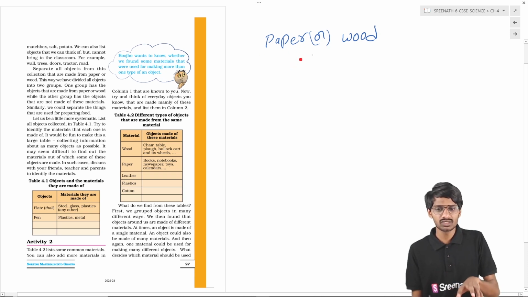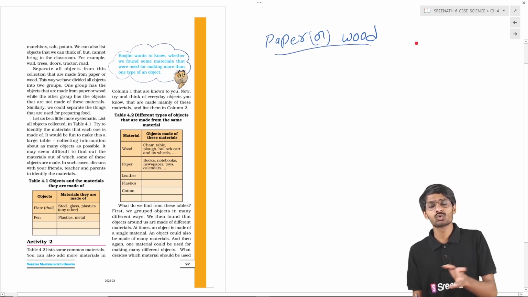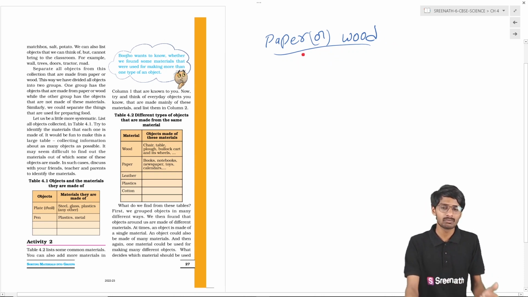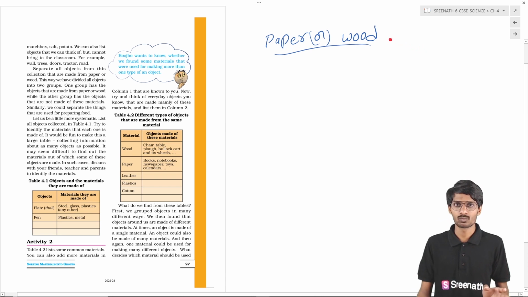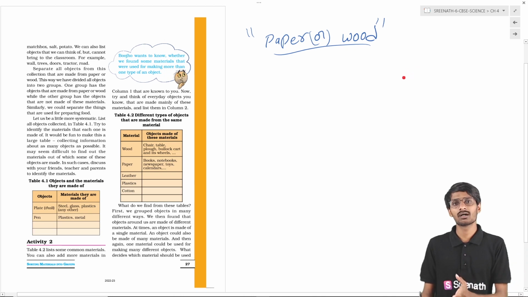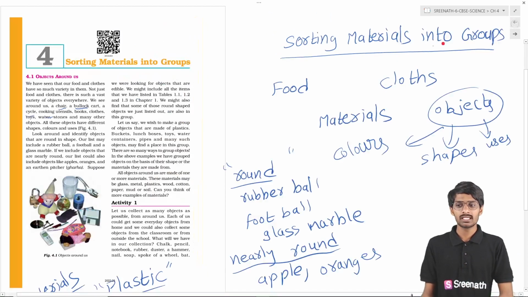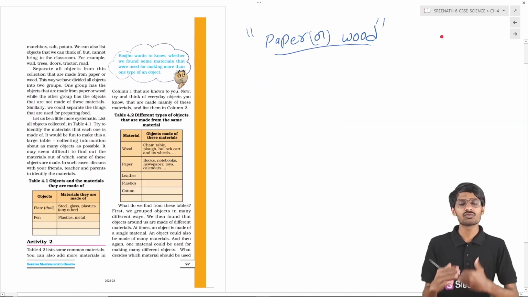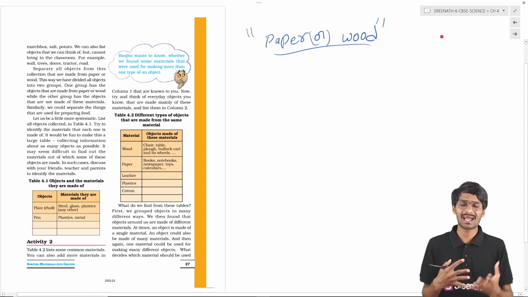You have to group all the objects which are not made from paper or wood into another group. So here we have grouped the objects based on the material, paper or wood. The objects made from paper or wood are collected, and all other objects are made into another group. Here we also make a group of objects which are made from plastics, like that. So we will move further and do it systematically.